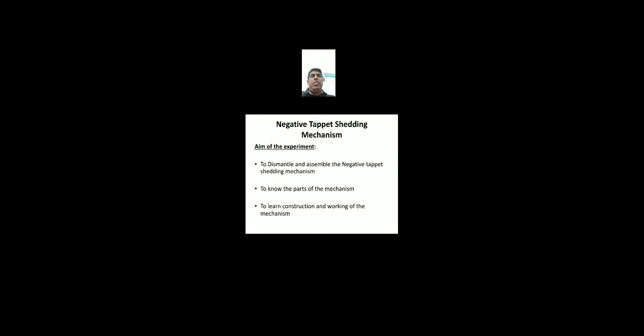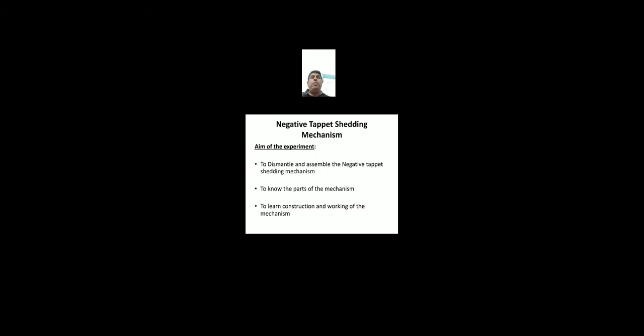There are three kinds of shedding mechanisms: tappet shedding mechanism, Dobby shedding mechanism, and Jacquard shedding mechanism. All of you know about it. In this semester, we learn about tappet shedding mechanism and specifically negative tappet shedding mechanism.